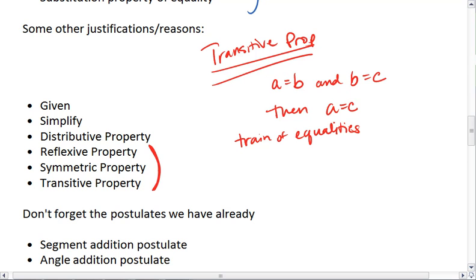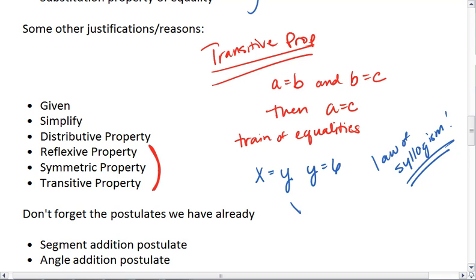This is very similar to your law of syllogism that we talked about before. So for example, if x equals y and y equals 6, then x must equal 6 by the transitive property.